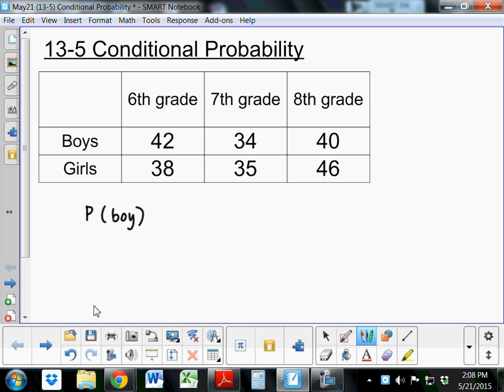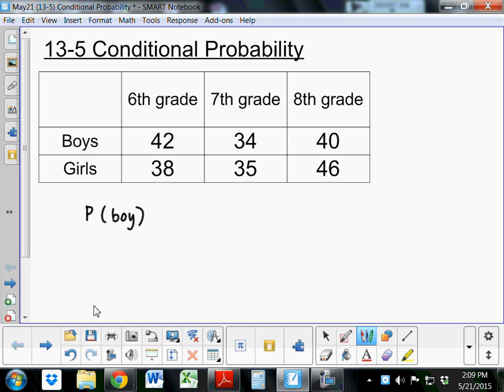You add those boys and figure out how many boys there are. We're supposed to divide by the total, remember. Successes would be boy, dividing by the total number of people that I could choose from.